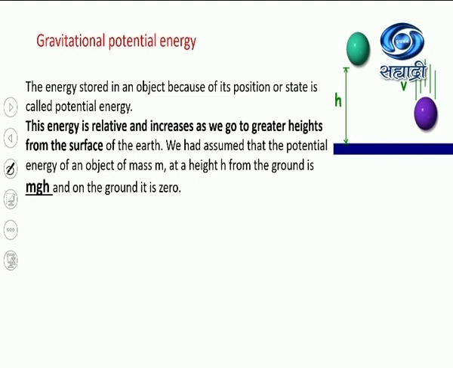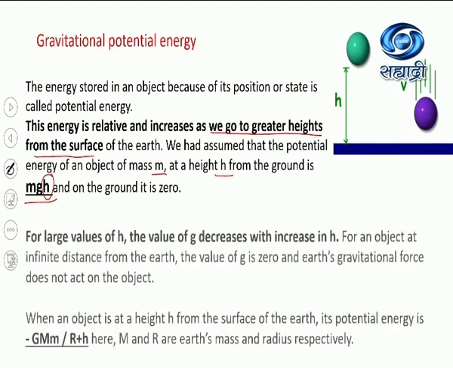Now this potential energy is relative and increases as you go to a greater height from the surface. Why does it increase? Because if height is more, potential energy will be more. So the energy of an object of mass m at height h from the ground is mgh, and on the ground it is 0 because height is 0.